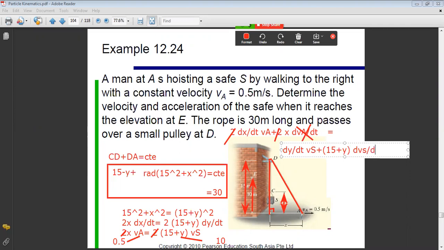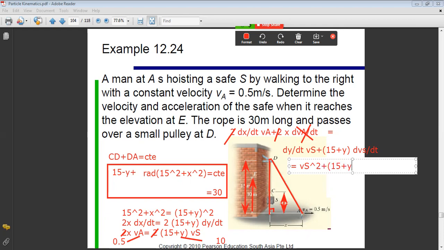The derivative of VS with respect to time represents the acceleration of S, and dy by dt is the velocity of S. So I have the velocity of S squared plus (15 plus y) times the acceleration of S.